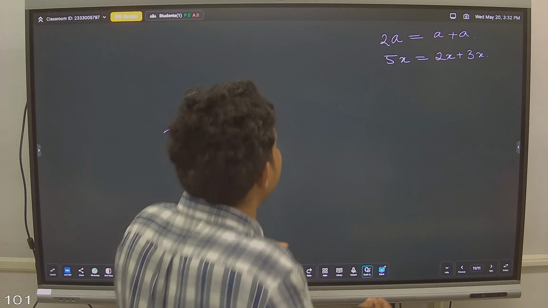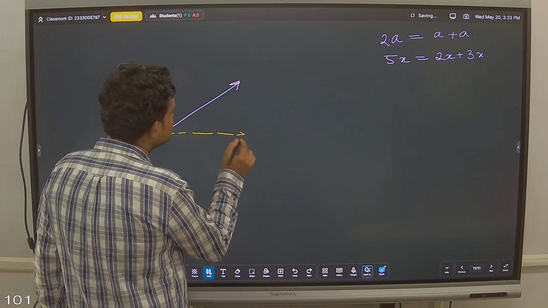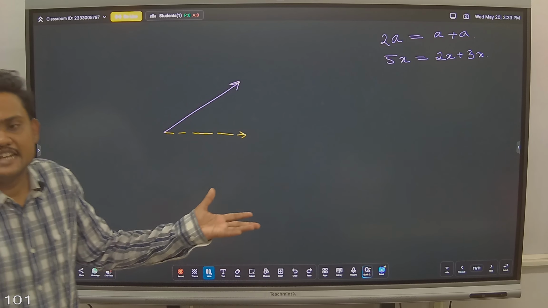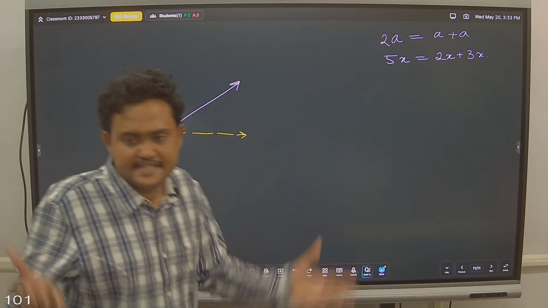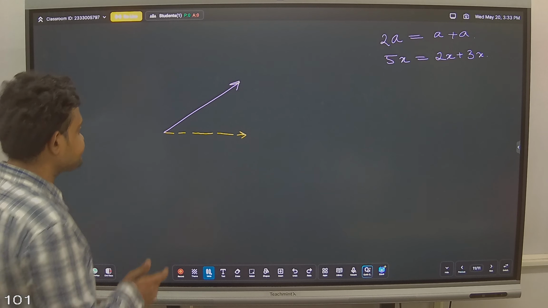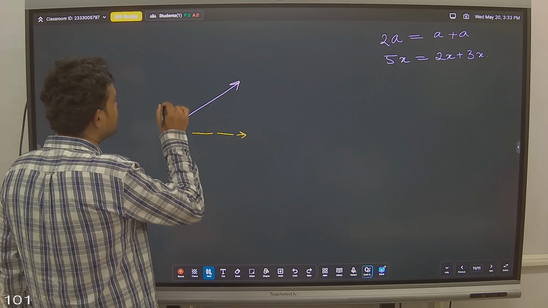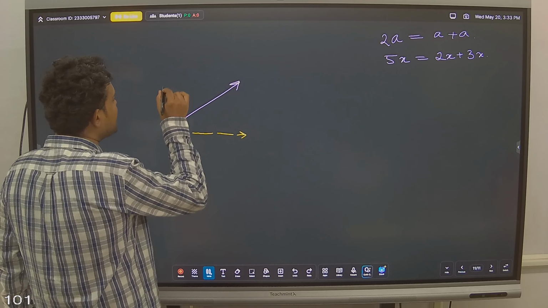Likewise, you can express a vector as the sum of two rectangular components. You can take one component along any axis. Right now I have taken it along the x-axis, but it doesn't have to be the x-axis. You can take it along any axis and then another one perpendicular to that axis, right?